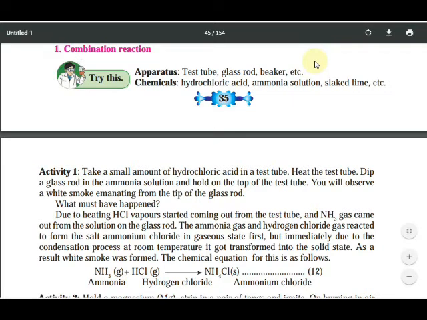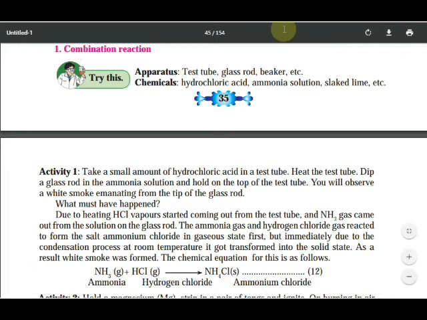The chemical equation for this is as follows. NH3 plus HCl gives NH4Cl. NH3 is ammonia, HCl is hydrogen chloride. NH3 plus HCl gives NH4Cl, ammonium chloride is formed.